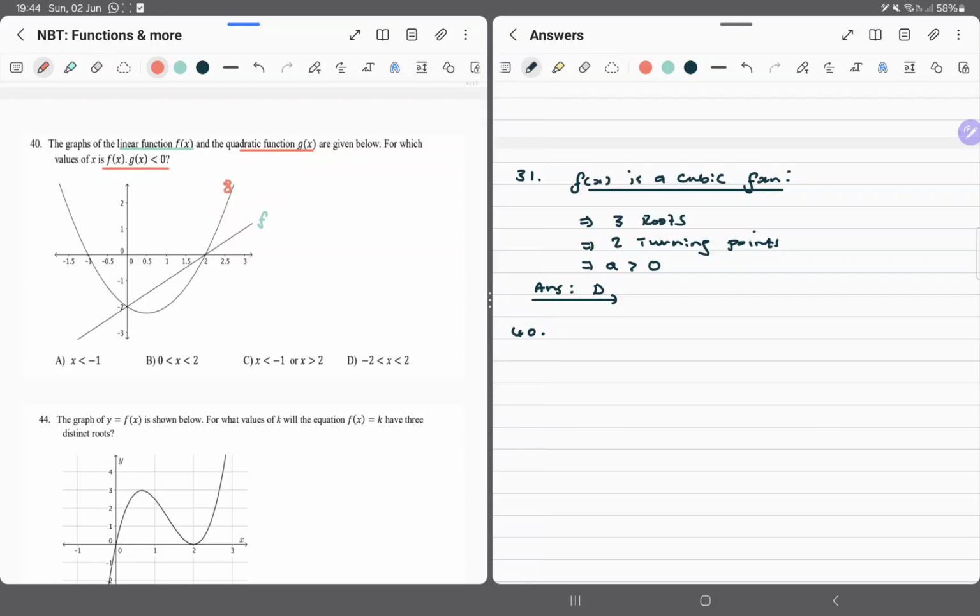So in this question, when we have f of x times g of x less than 0, this implies that we are saying the y values of f times the y values of g must be less than 0, meaning a negative number.